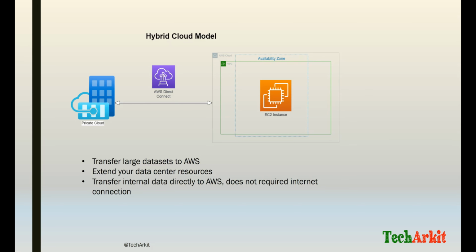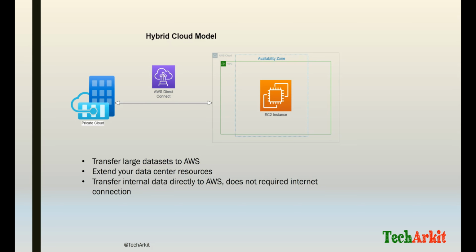So this is a Direct Connect option: transfer large data sets to AWS. For example, say that you have a large manufacturing industry that generates a lot of data, right? Then you want to transfer it. On premises you cannot have that much storage capacity if you're generating petabytes of data.